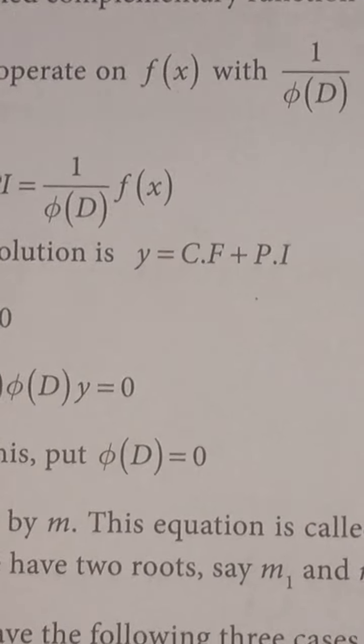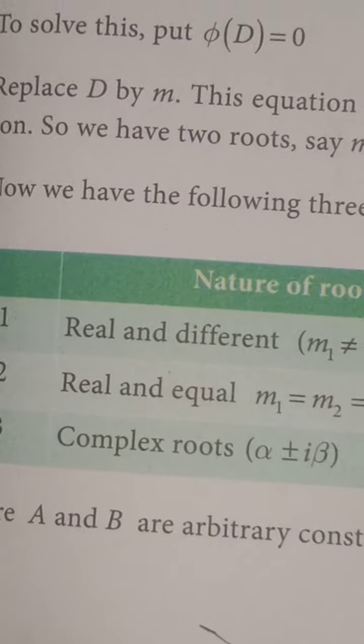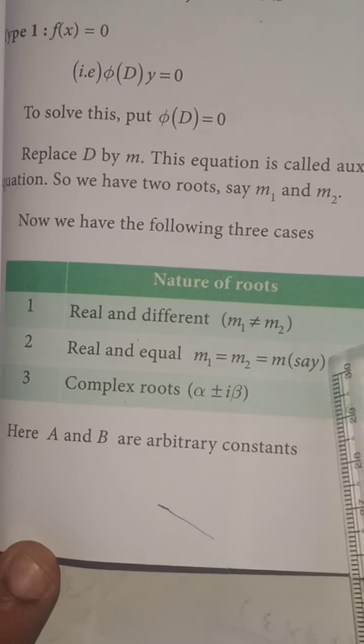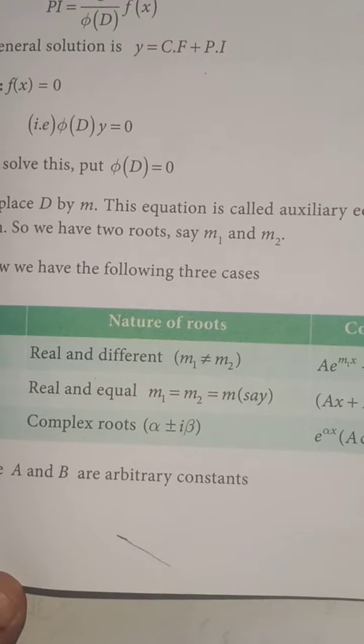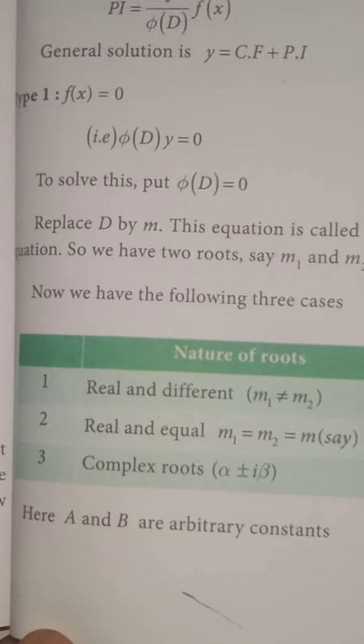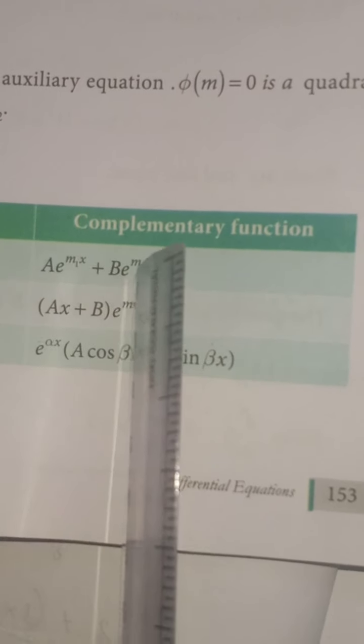Here it is. If you solve the quadratic equation, you will get three different types of roots. If the roots are real and distinct, you can write the complementary function as a into e power m1 x plus b into e power m2 x.